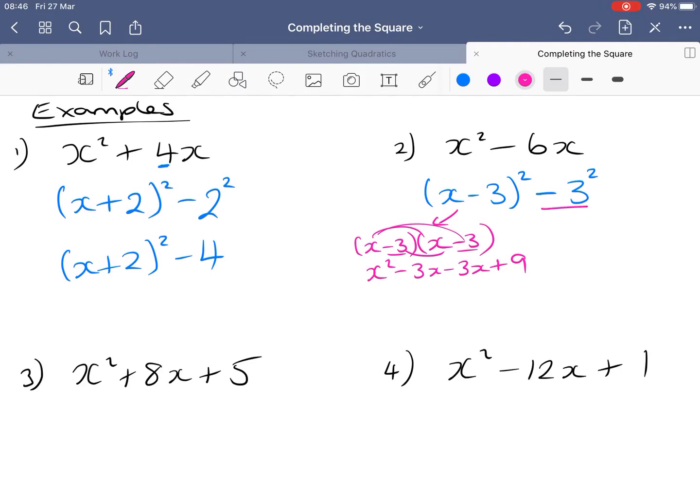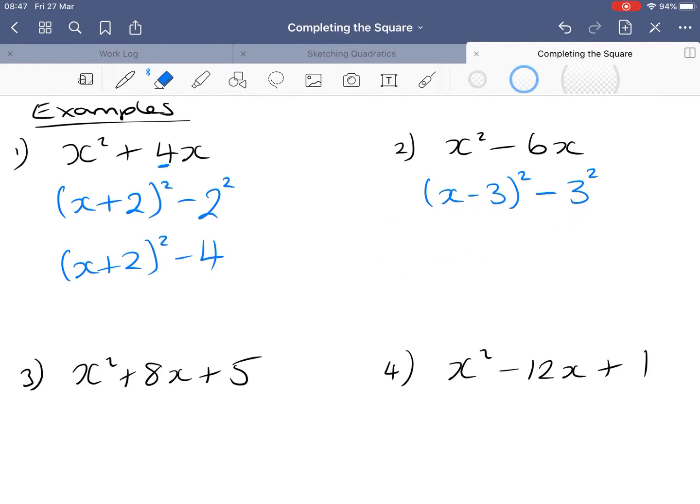So that's why we always take away this extra little square in the corner, because I've then got to take away the 9, and then I'd have x squared minus 6x. Okay, right, I'm going to get rid of that because I don't really want it on the picture. So what is my answer? It's just x minus 3 squared take away 9.